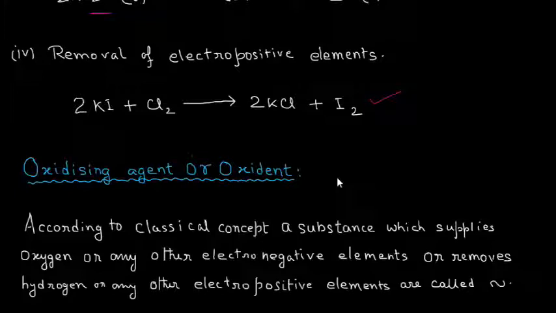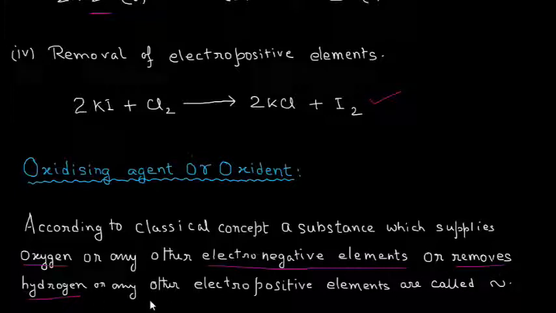So the main thing is any substance which supplies oxygen or any electronegative elements, or removes hydrogen or other electropositive elements, is called an oxidizing agent or oxidant.